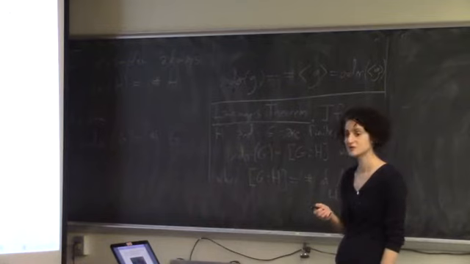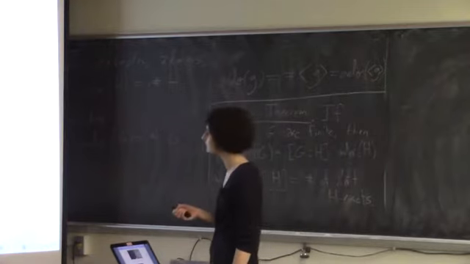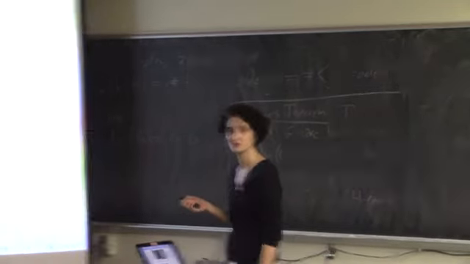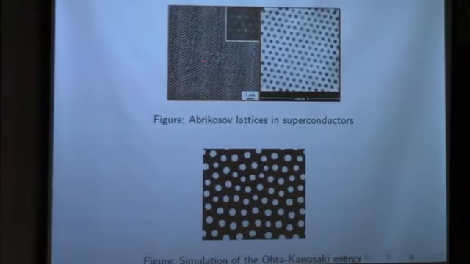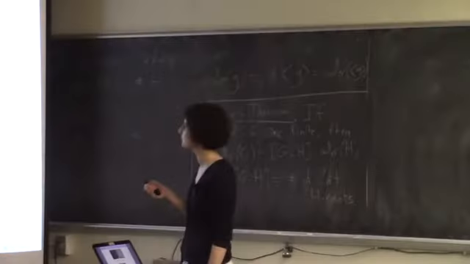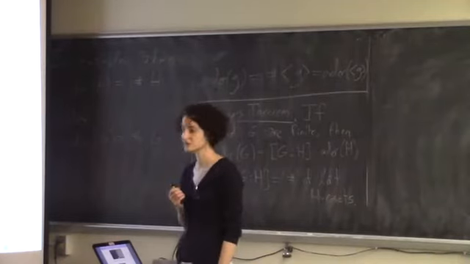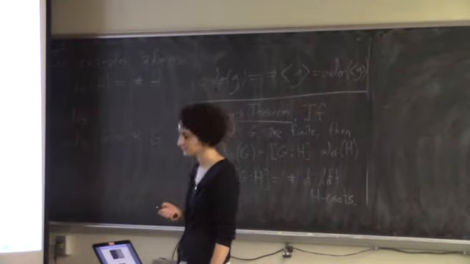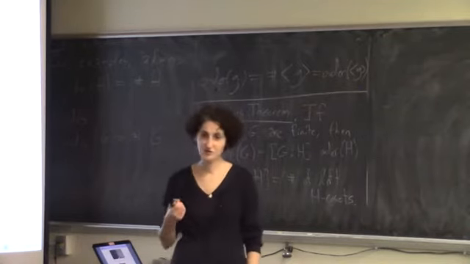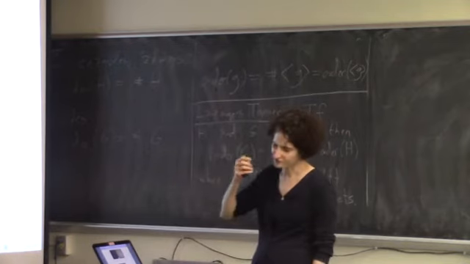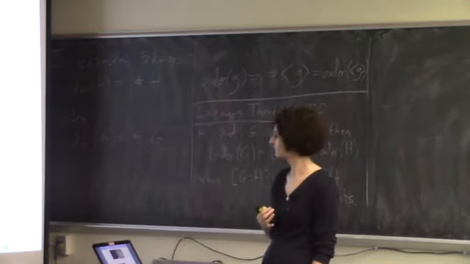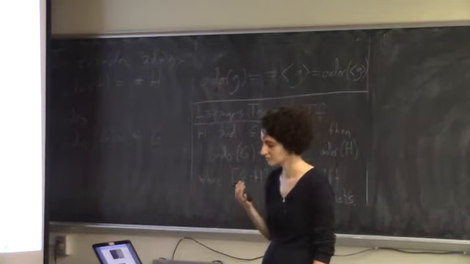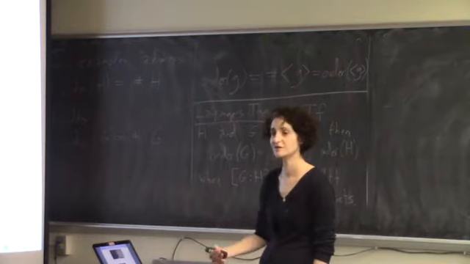And what's interesting is to see the patterns that these vortices form. And here they are. These are the patterns observed in superconductors in experiments. And you see there are perfect triangular lattices. These are called Abrikosov lattices. Abrikosov is the physicist who predicted that periodic patterns of vortices, he predicted a square lattice initially, should be observed in superconductors, and then they were observed.